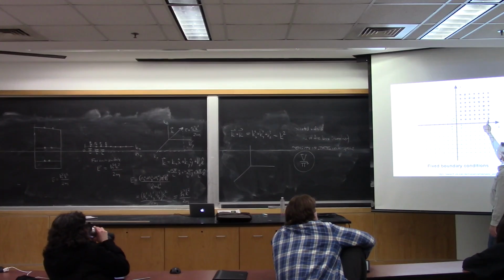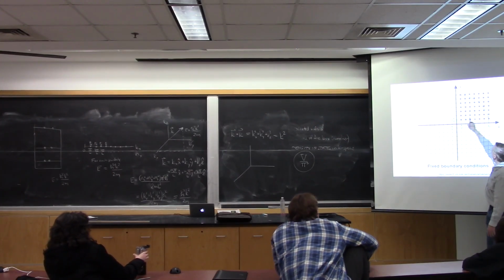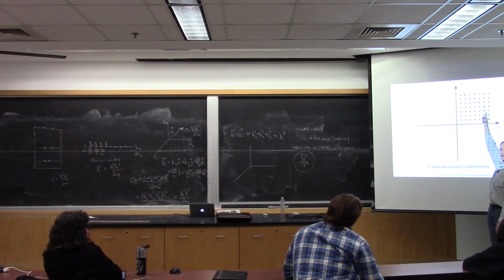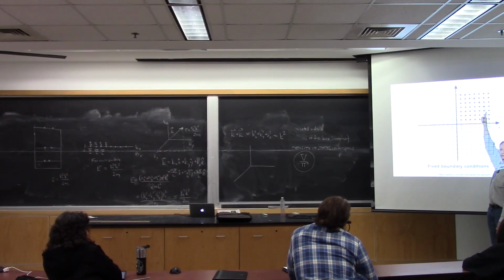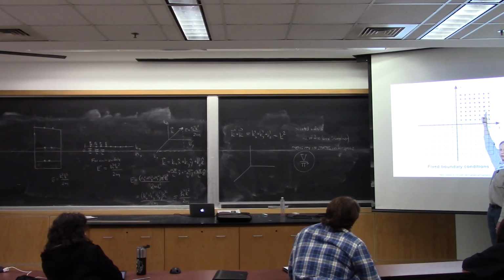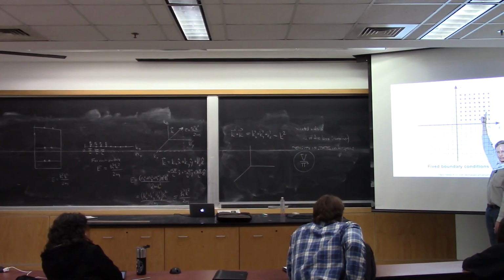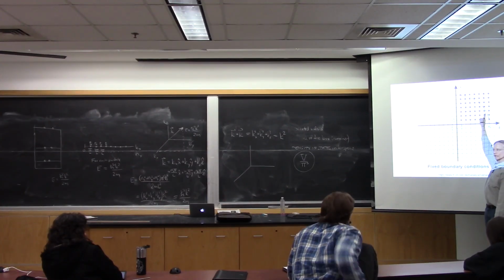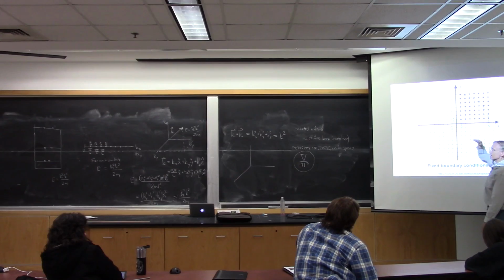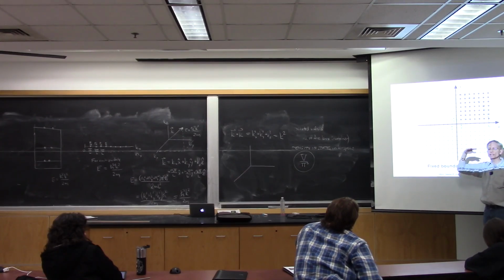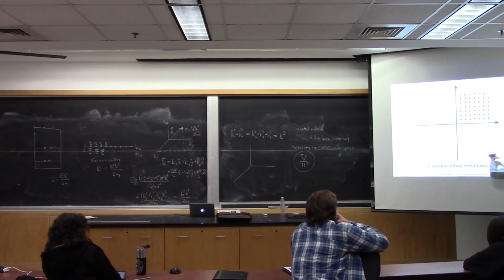And h bar squared k squared over 2m, that distance k, would be what we call the Fermi energy. That would be the energy of the highest energy occupied states at temperature 0, at 0 Kelvin, where you've created the lowest possible configuration you can in terms of energy.